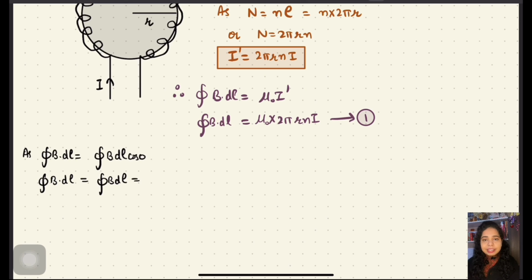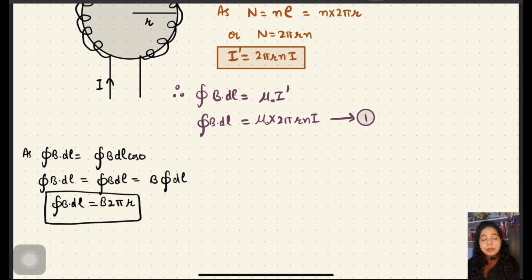Solving this integral, we take B outside the integral. So we are left with B integral dl, and when we add up all the small lengths dl, we come out with B into 2 pi r. So closed integral B dot dl is equal to B into 2 pi r. This is our equation number 2.